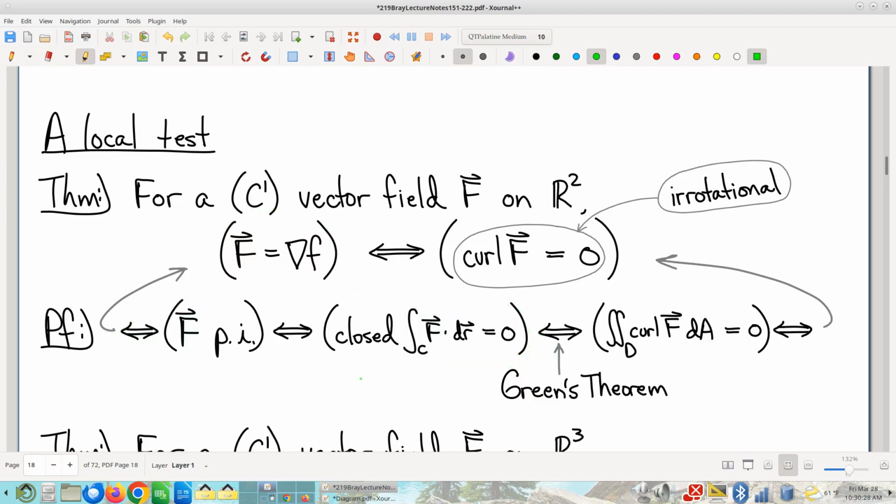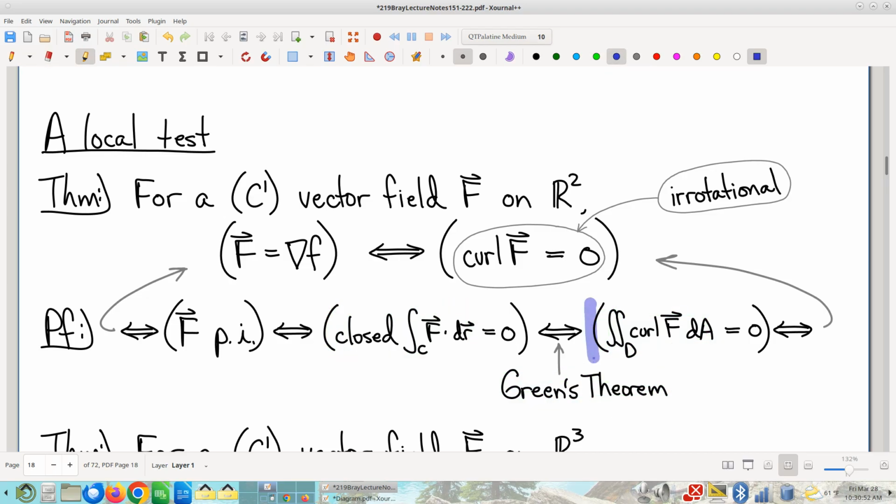So here's where Green's theorem kicks in, and the beautiful thing about it is that Green's theorem tells me that I can compute circulations with double integrals of curl. Right? So since Green's theorem tells me those two things are equal, the left being zero means the right is zero. And now let's look at this equation here.